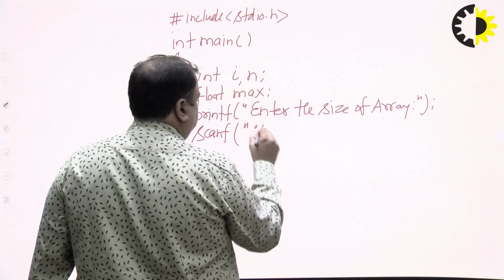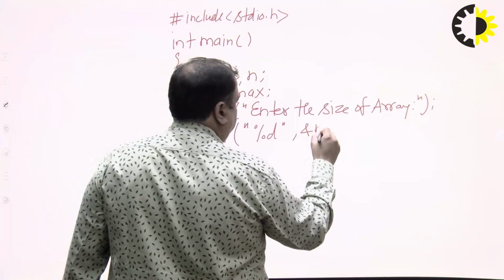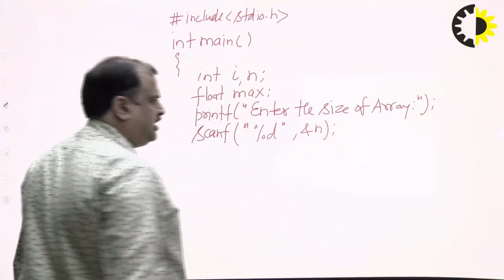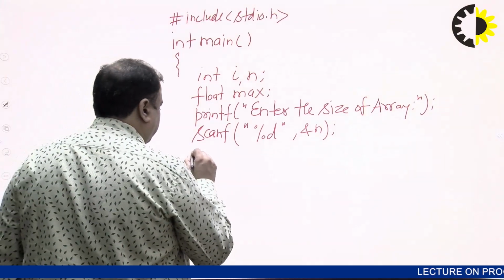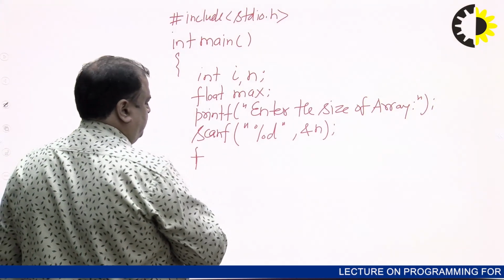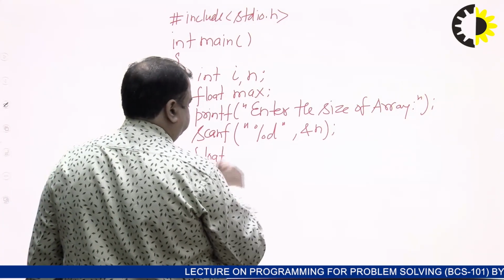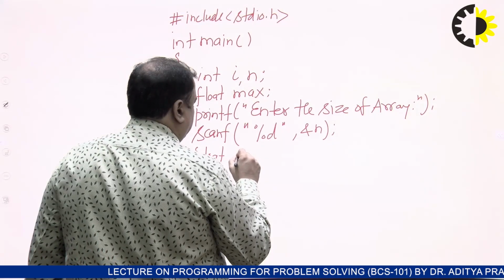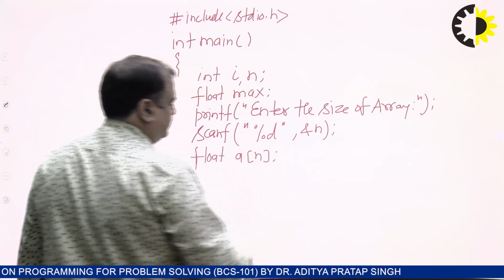We are reading an integer value, where we are reading the address of n. So we have read the size of the array in n. Now we can declare an array of type float, a of size n.